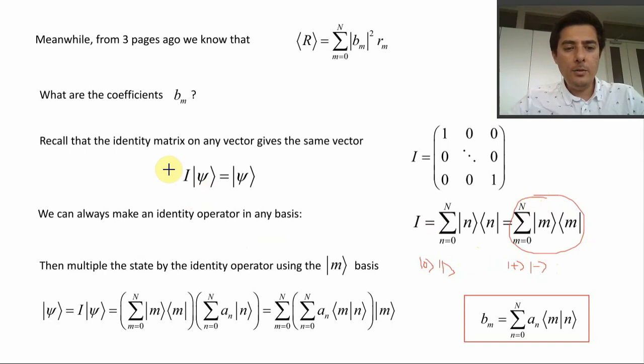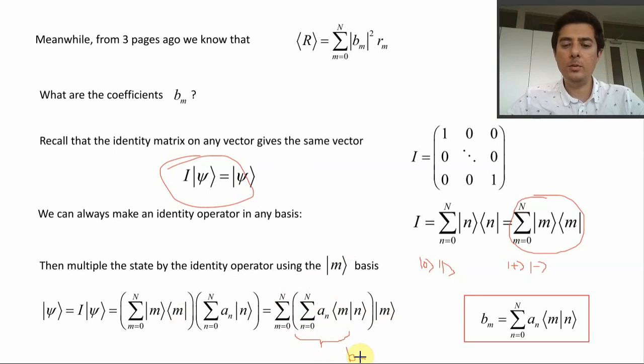Then we use this identity here, where we say that the state is equal to identity times the state, all right? Just substitute that expression into there, and then voila, once we rearrange, we have rewritten the state A in terms of the new basis set of M. So this thing in the brackets here is equal to Bn.